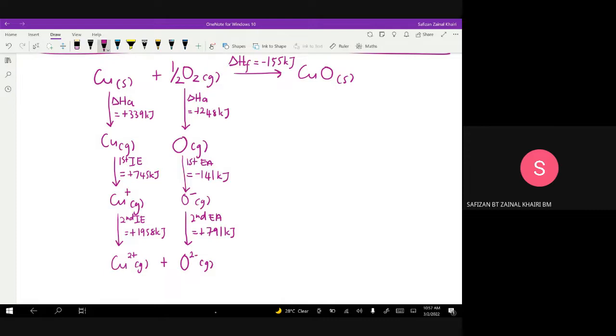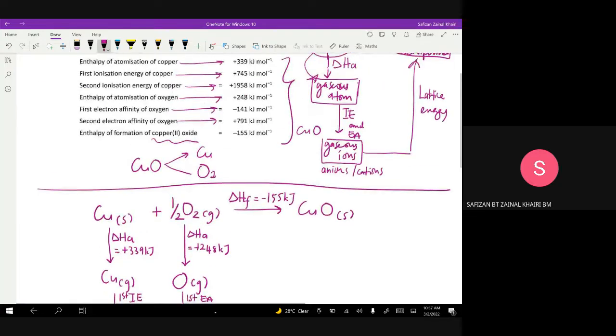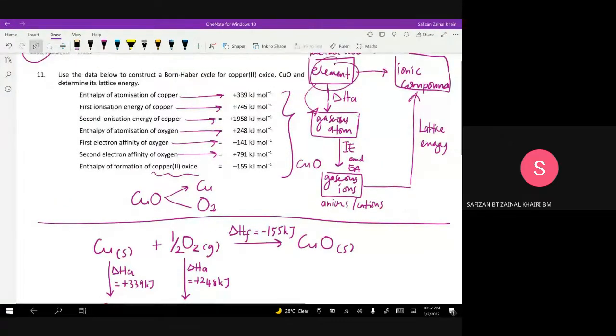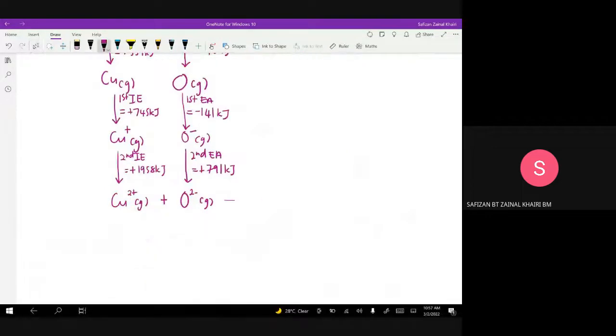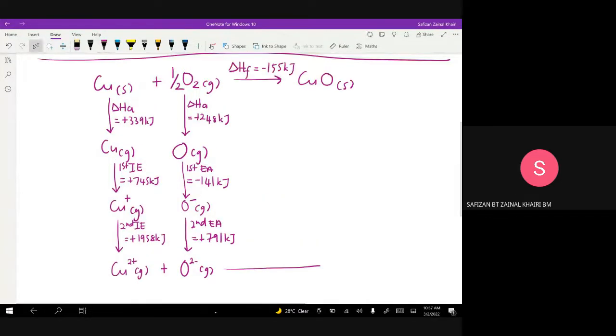Barulah daripada gases ion, tengok tadi, anions and cations combine to form the ionic compound. So cycle ni tadi daripada gases ion, kamu bawa naik atas, dapat semula ionic compound in the solid phase. So the enthalpy change involved here we call as a lattice energy. Lattice energy for formation of copper oxide.